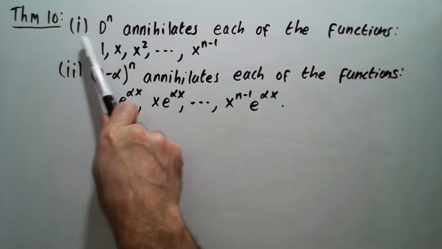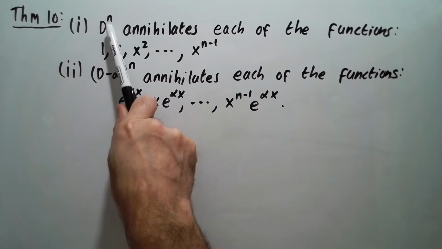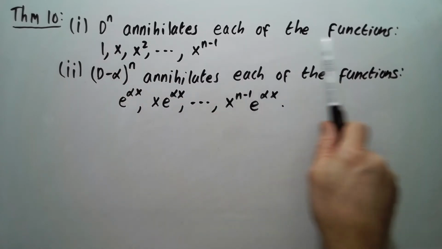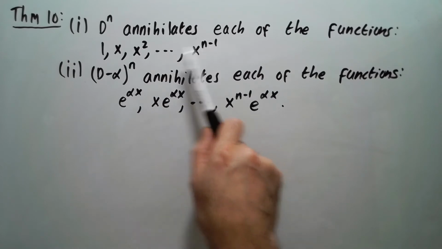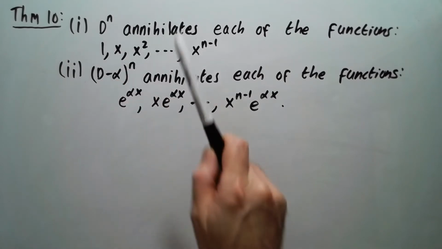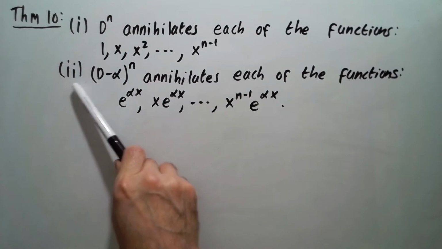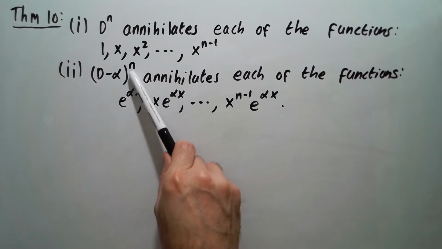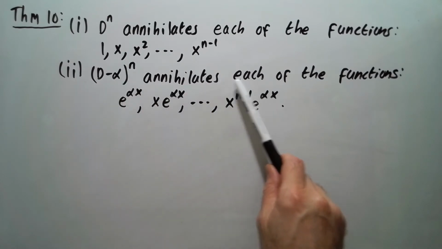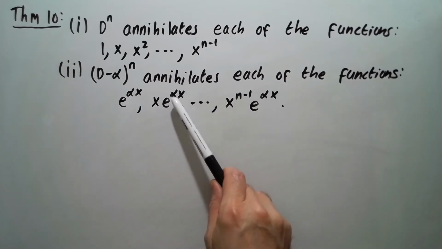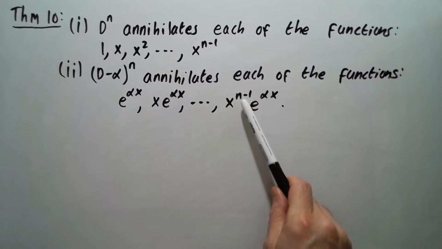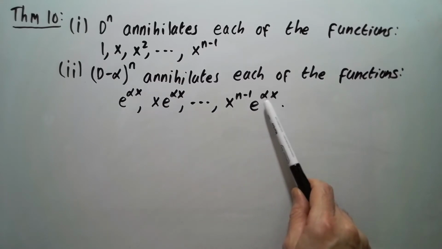Part 1 says D to the n annihilates each of the following functions: 1, x, x squared, all the way up to x to the n minus 1. Here n is some whole number. Part 2: (D minus alpha) to the n annihilates each of the functions e to the alpha x, x e to the alpha x, dot dot dot, x to the n minus 1 times e to the alpha x.